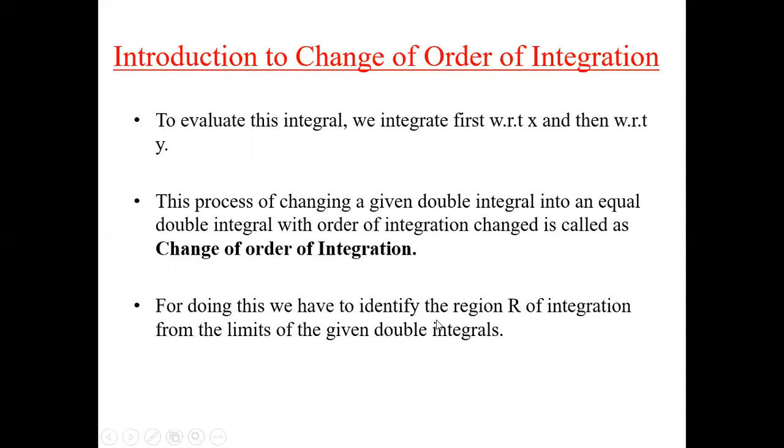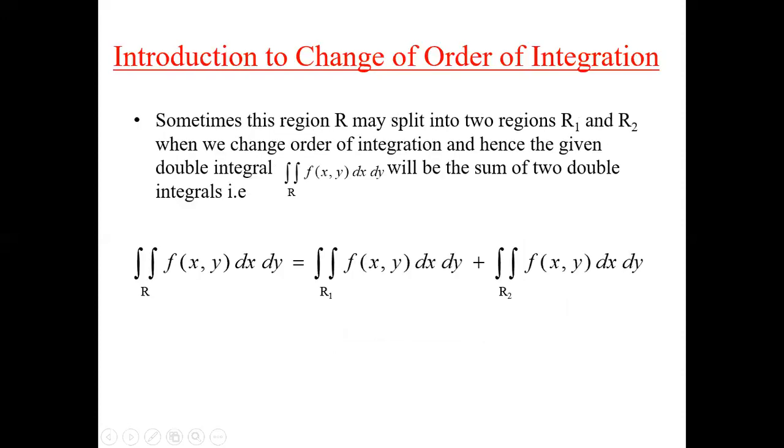For doing this, we identify the region of integration R from the limits of the given double integral. Sometimes this region R may split into two regions R1 and R2 when we change the order of integration. So when the region is unsymmetric, this region R, which was in the given order, may have two regions R1 and R2.